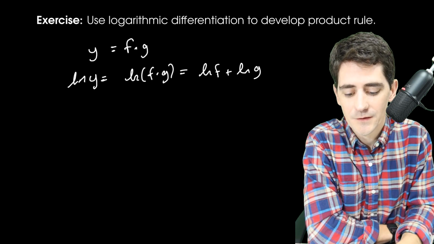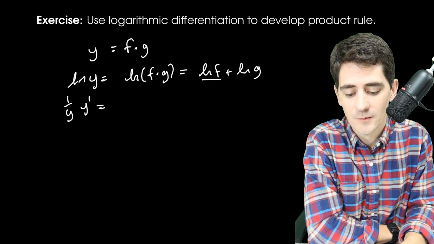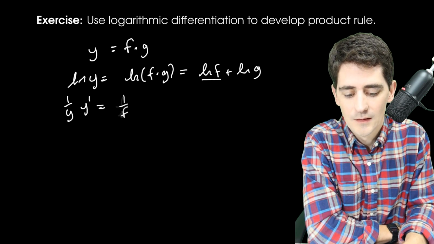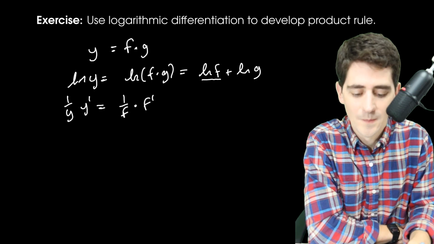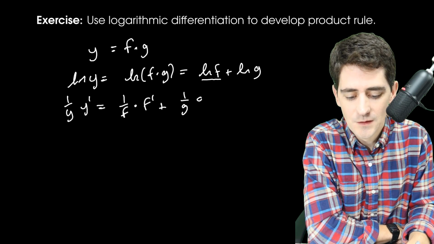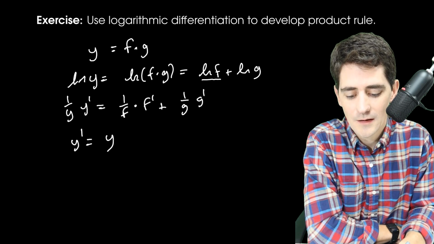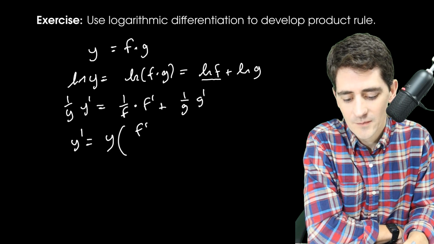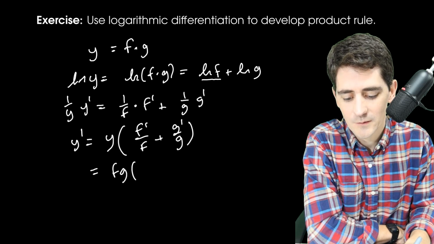Now when I apply implicit differentiation, I have 1 over y times y prime equals the derivative of ln f, which is 1 over f times the derivative of f, which I'll write as f prime, that's just chain rule, plus the derivative of ln g, which is 1 over g times g prime. Now all I have to do is multiply everything by y, and so I have f prime over f plus g prime over g times y. And remember, y was f times g.